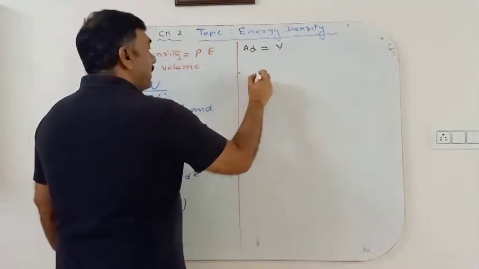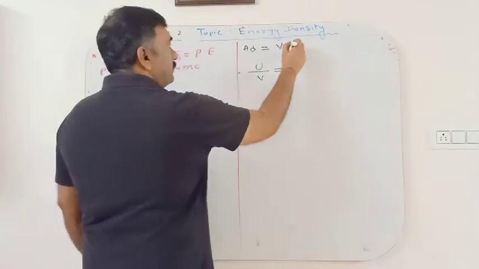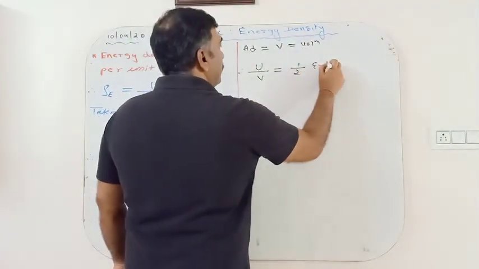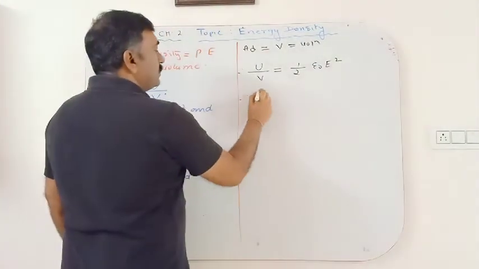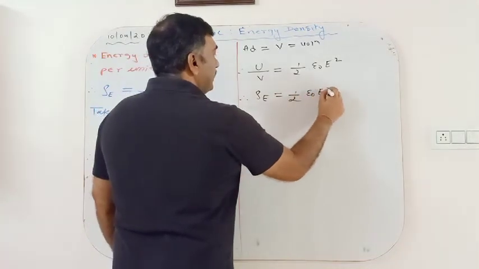So therefore we can write U by V, where this is the volume, becomes half epsilon 0 E square, and U by V is rho E. So energy density rho E becomes half epsilon 0 E square.